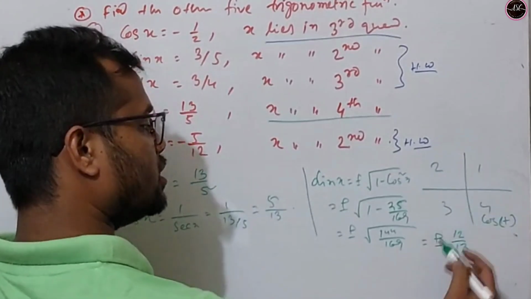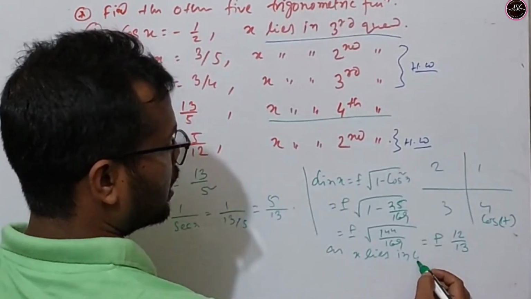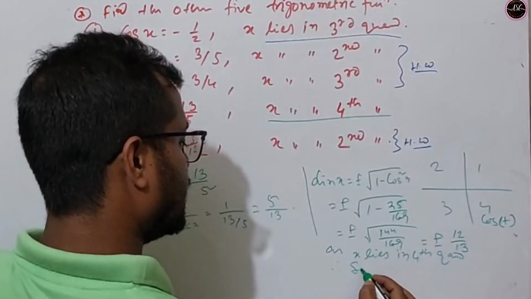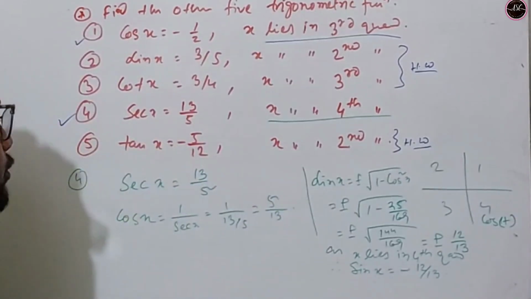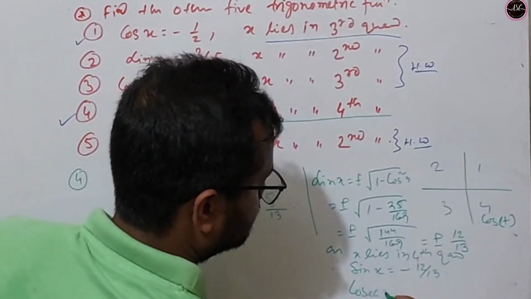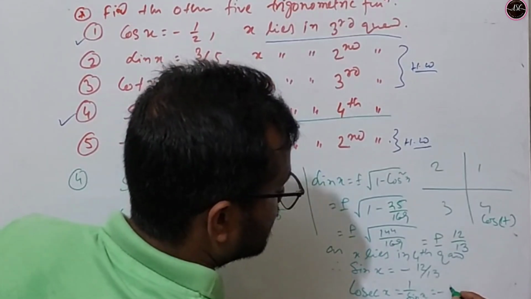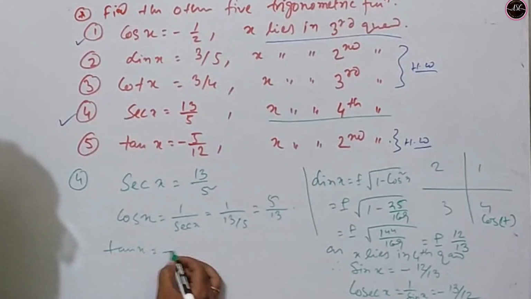Here only cos x is positive as x lies in the fourth quadrant. So sin x equal to minus 12 by 13. Therefore cosec x equal to 1 by sin x, that means minus 13 by 12. And tan x, sin x by cos x.